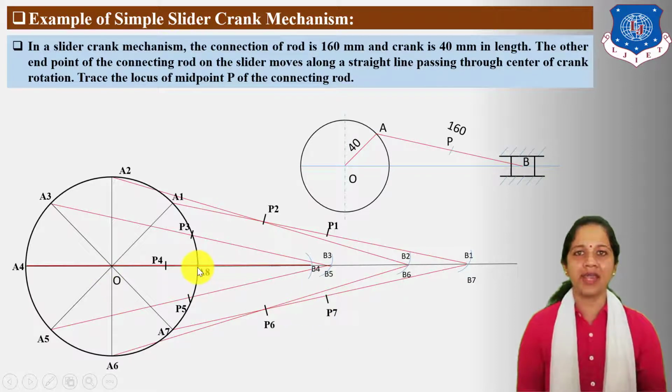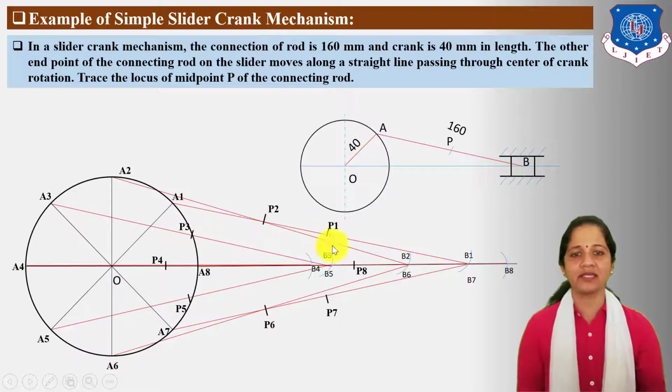Now for A8 position of crank, draw arc on this horizontal path, radius 16 centimeter and locate here B8 position of slider. Connect A8 and B8 point and locate its midpoint P8.